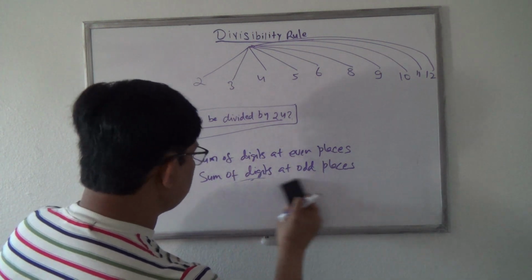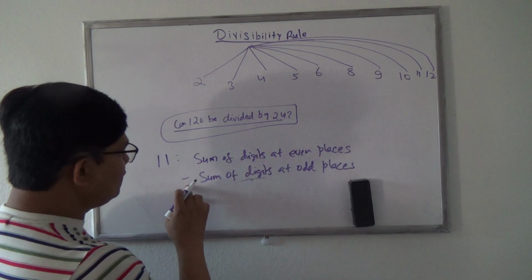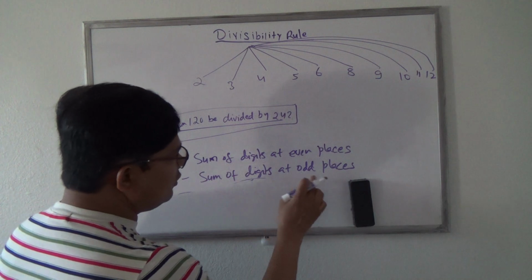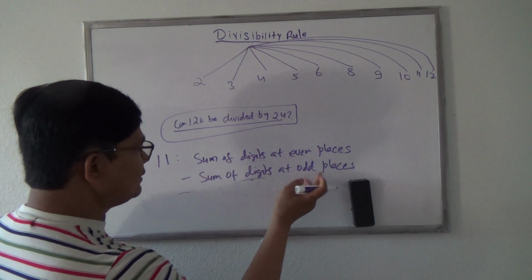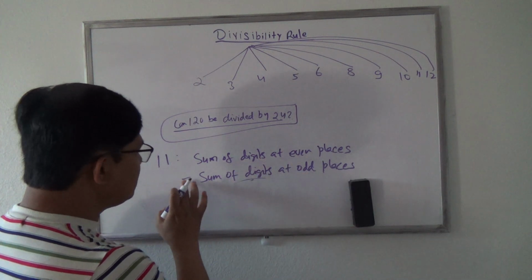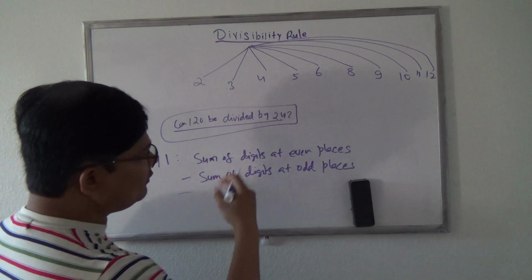So it's simple. You have to take the sum of the digits at the even places and the sum of the digits at odd places. Here I have written even places minus odd places, but whichever is the bigger number, subtract the smaller number from the bigger number.